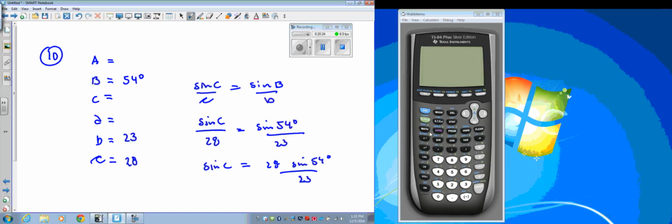So the first thing I'm going to do is see if I have the possibility of it being even one triangle. 28 sine of 54.